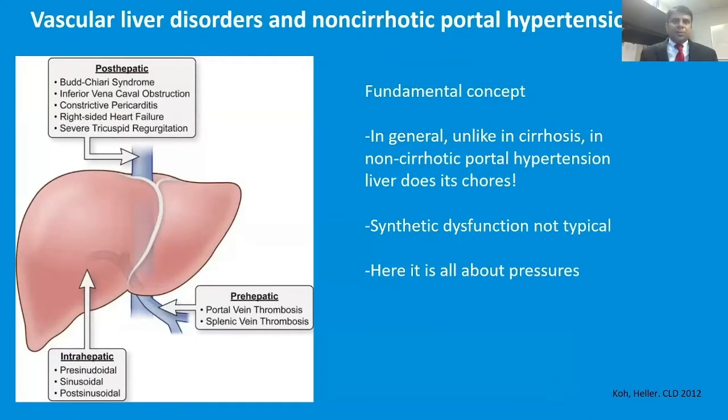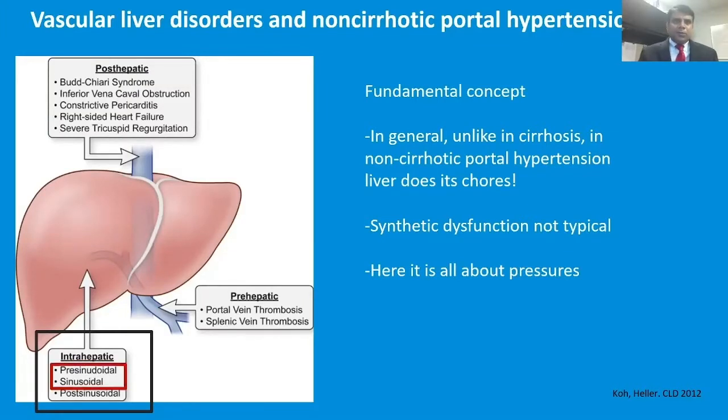Non-cirrhotic portal hypertension is the common characteristic of many vascular liver diseases. We approach vascular liver disorders as prehepatic, hepatic, and post-hepatic, different causes occurring at different sites. As you can see here, intrahepatic causes of non-cirrhotic portal hypertension are divided into pre-sinusoidal, sinusoidal, and post-sinusoidal.